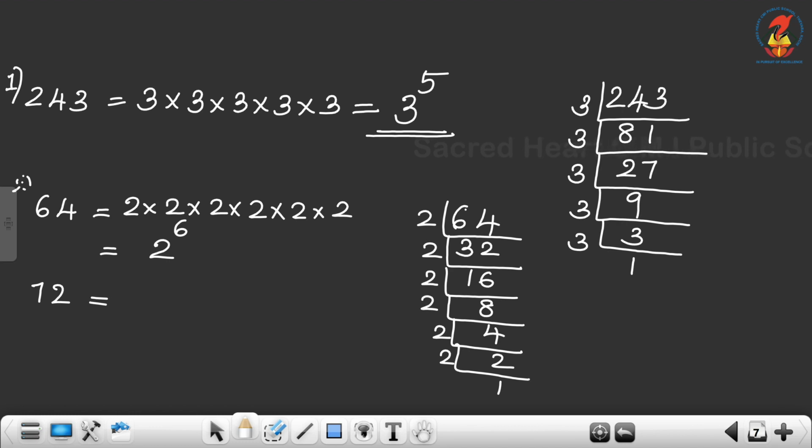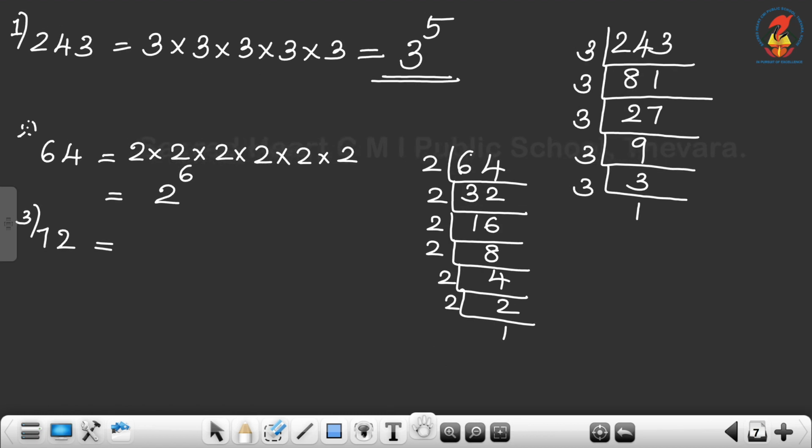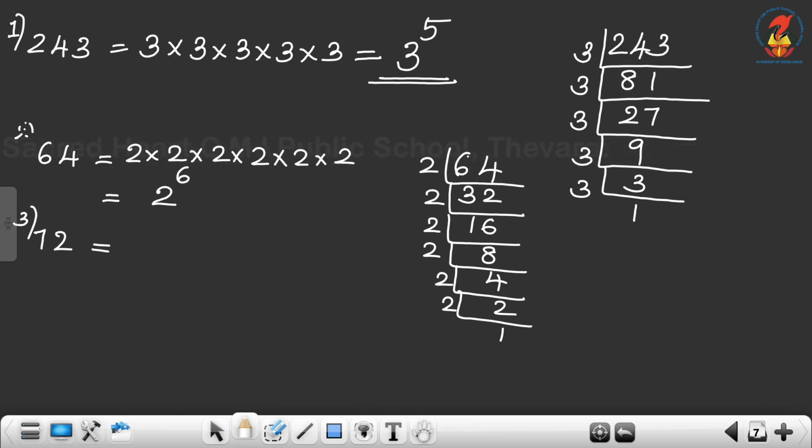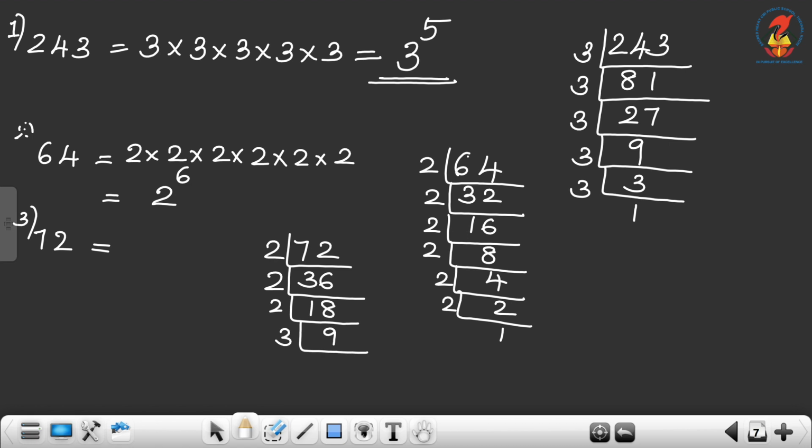Then the third one, 72. 72 is an even number, so we can start with 2. 2 threes are 6, 2 sixes are 12. Then 2, 18, again 2, 9, 3, 3, then 3, 1. Now here you can see that 2 is repeated 3 times and 3 is repeated 2 times.